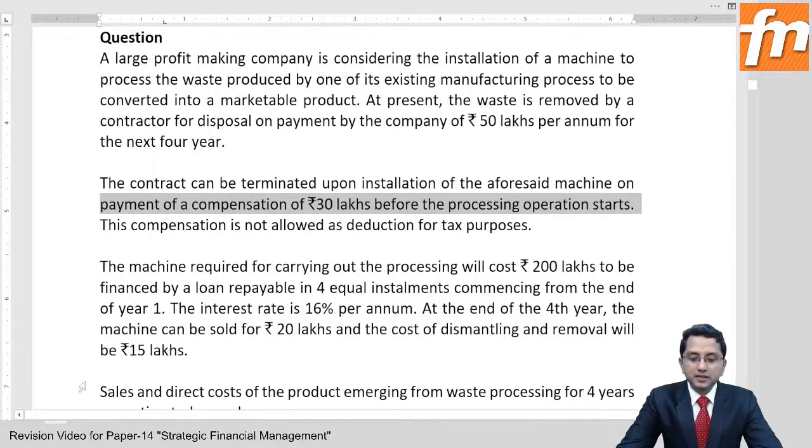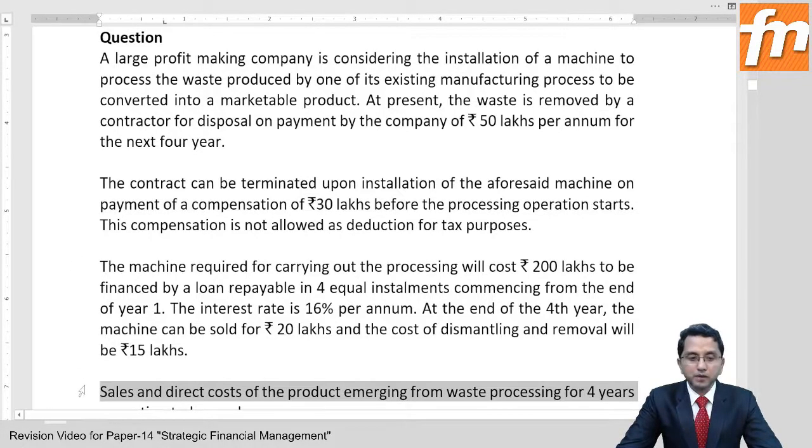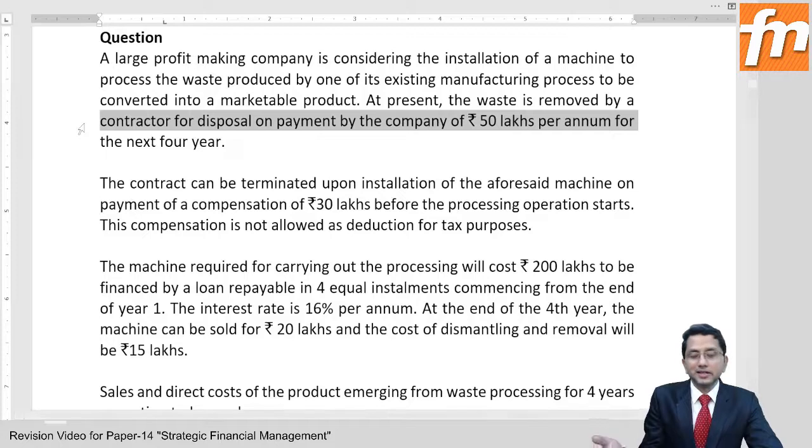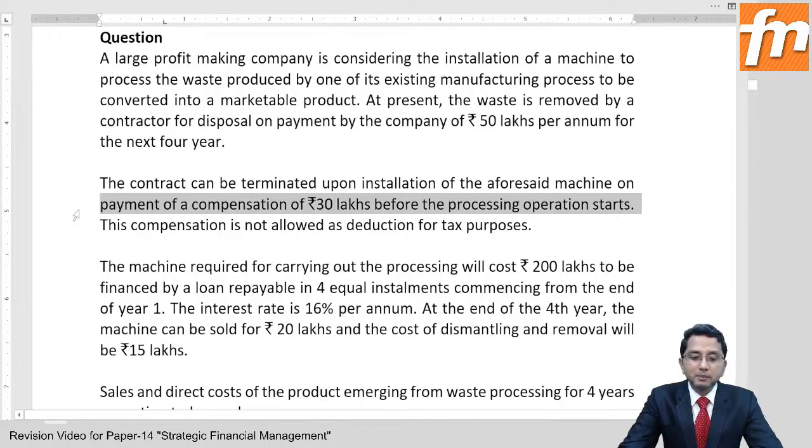Life of this asset is 4 years. It is written at the bottom. So on one hand, there will be inflow, avoidance of outflow is inflow. So there is the inflow of 50 lakh first year, second year, third year, fourth year due to this acceptance of proposal. But at the same time, there is outflow of 30 lakhs at year 0.